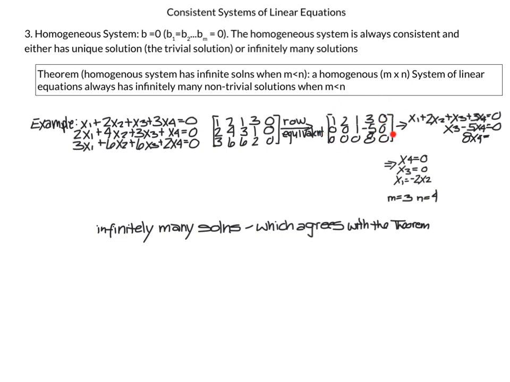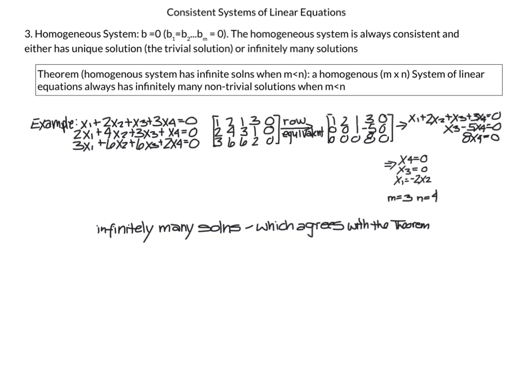So this echelon form matrix represents the set of linear equations over here, which is x1 plus 2x2 plus 3x3 plus 3x4 equals 0. Then we have 0, 0 plus 1x3 minus 5x4 equals 0. And last we have 8x4 equals 0.